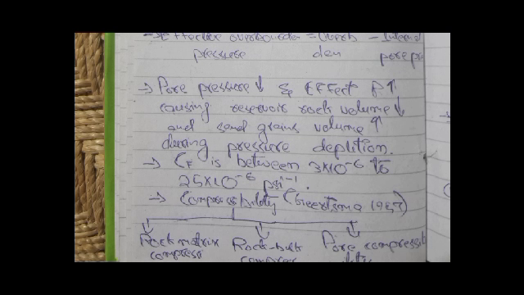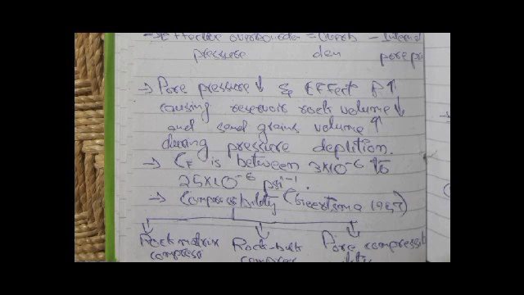Now we have another new concept which we call the formation compressibility factor, CF. Its value is always seen to be between 3 × 10^-6 and 25 × 10^-6. It doesn't cross this range, it stays in between.